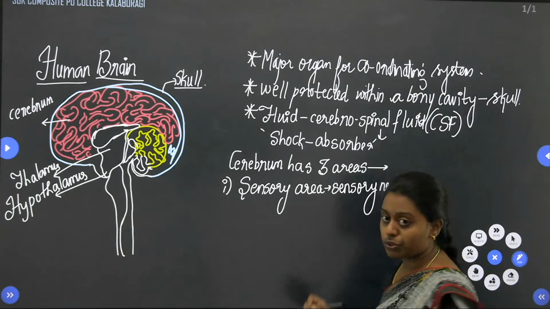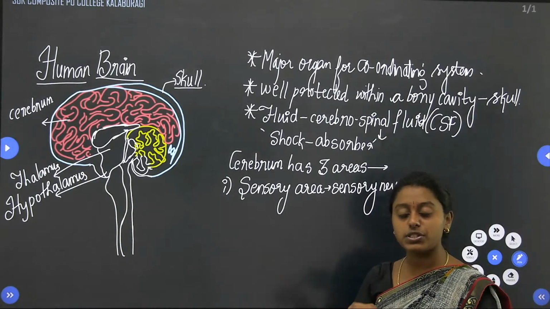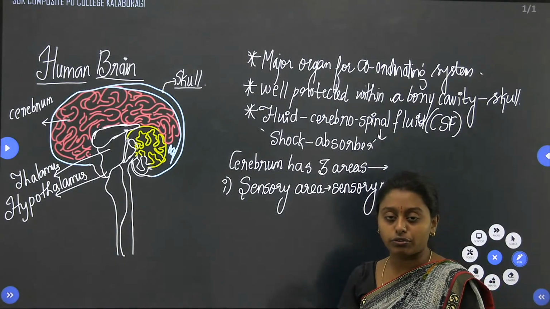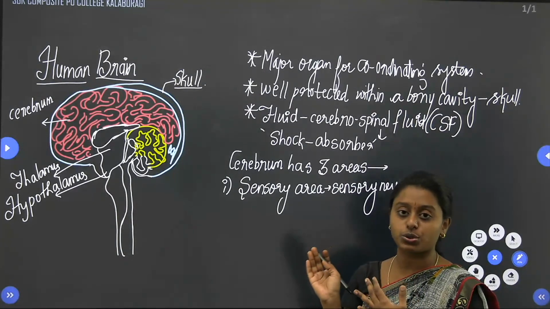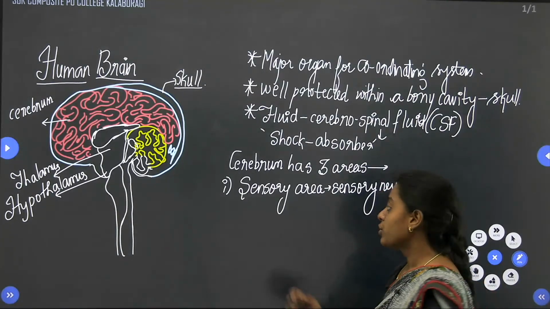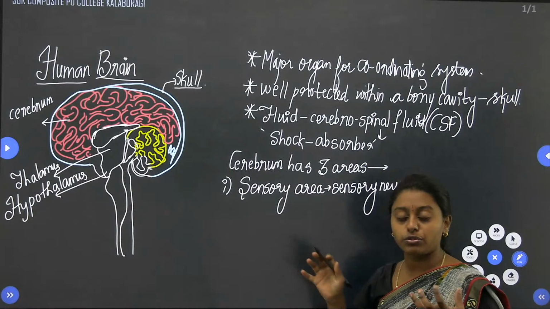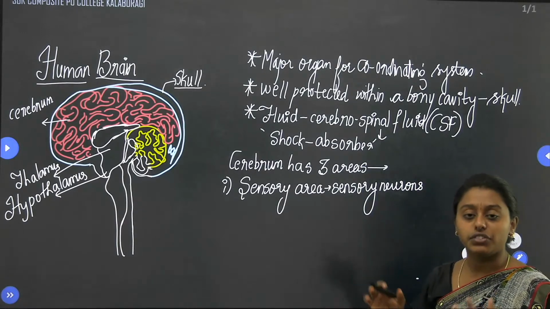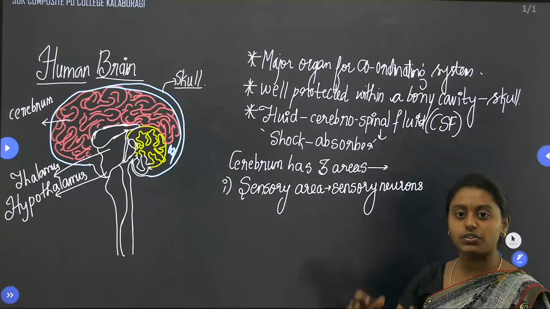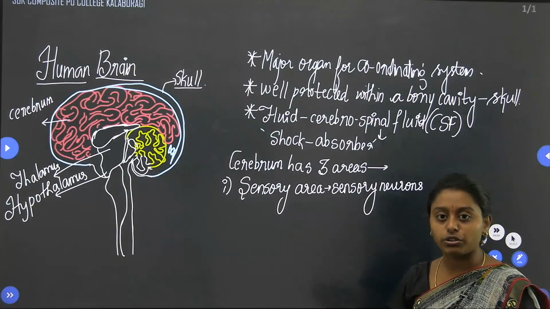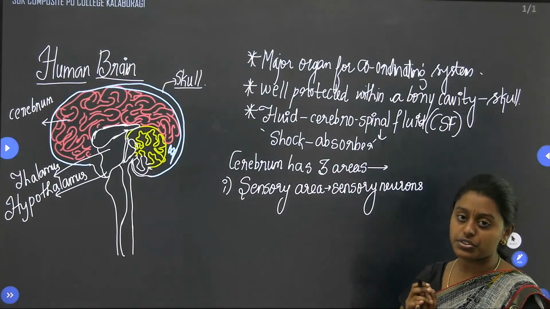Sensory neurons refers to the ones which receive the stimulus from any part of the body and send the stimulus to the central nervous system. So sensory areas are made up of groups of sensory neurons which have the ability to receive the stimulus from any part of the body and give it to the central nervous system.